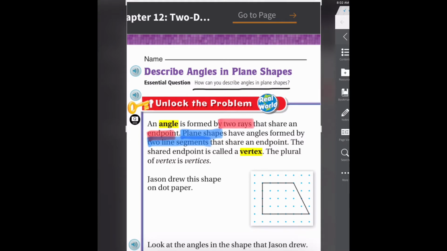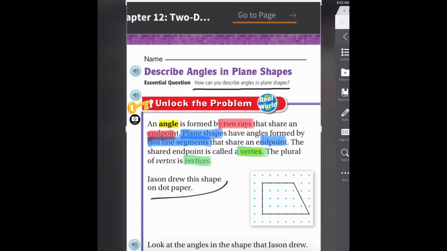Plane shapes can also have angles. And those two line segments in a plane shape share an endpoint. The shared endpoint is called the vertex, and the plural of vertex is vertices. So a lot of vocabulary there, and we'll go over those things over and over again, so hopefully we can remember them.